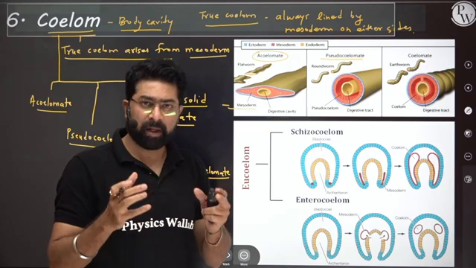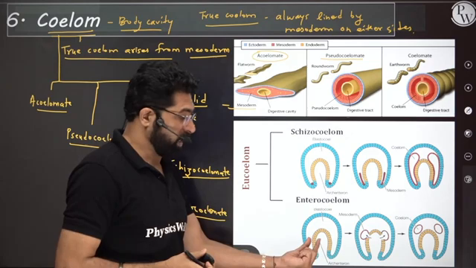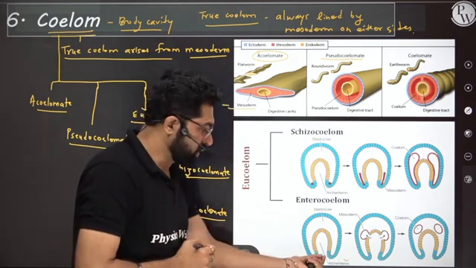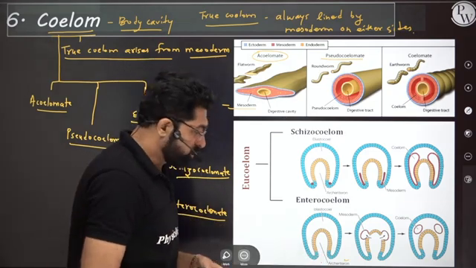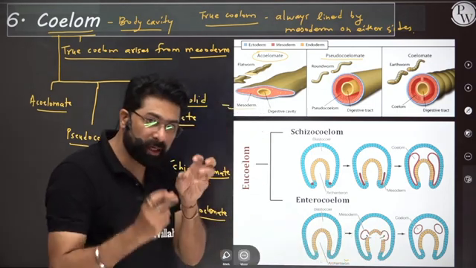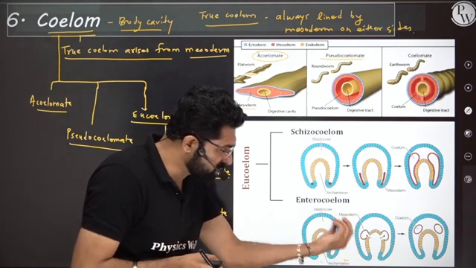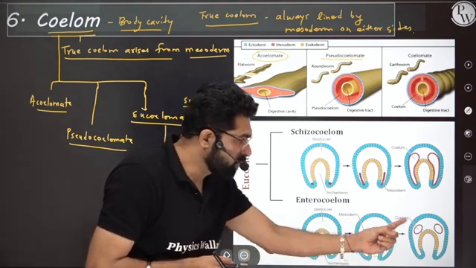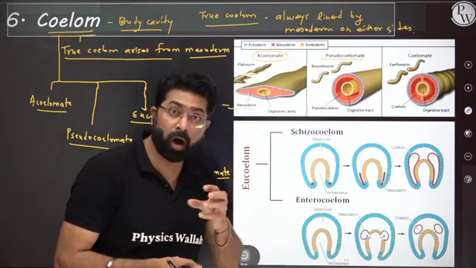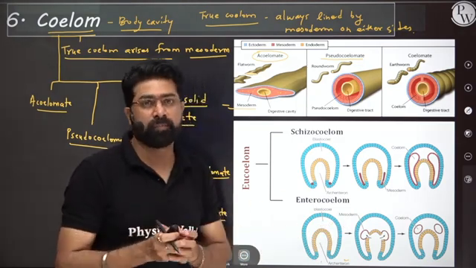During embryonic development, when the primitive gut, the archenteron, was developing, you can see a small pouch coming out from that primitive gut, and this is a part of mesoderm which has come out. This is going to form a cavity. The cavity coming from the enteron, the primitive gut, is called enterocoelom.